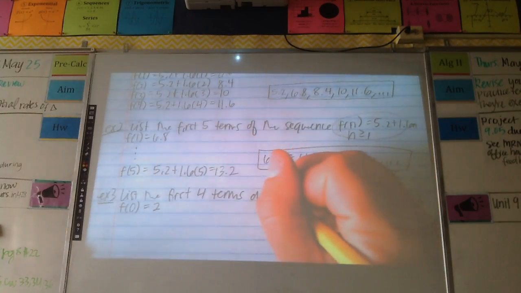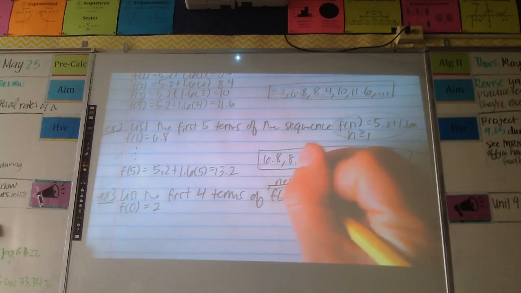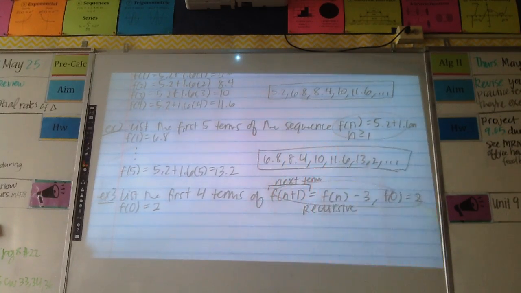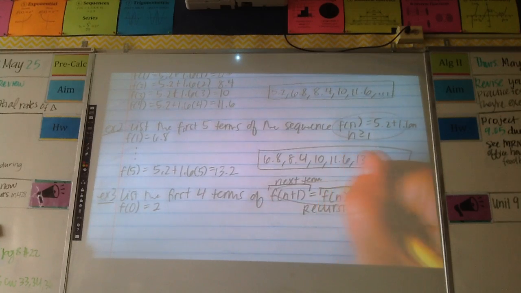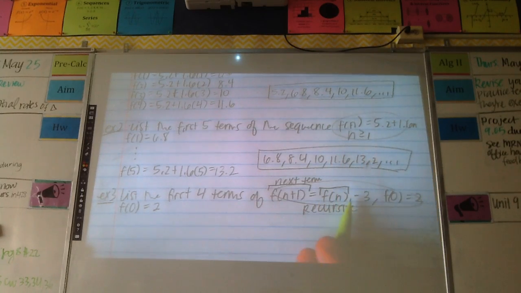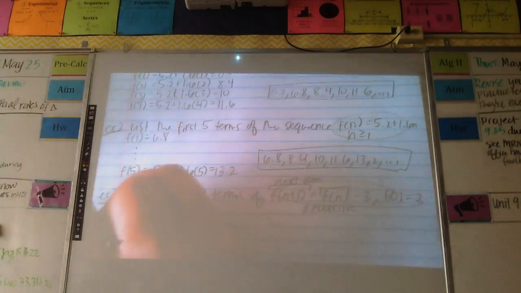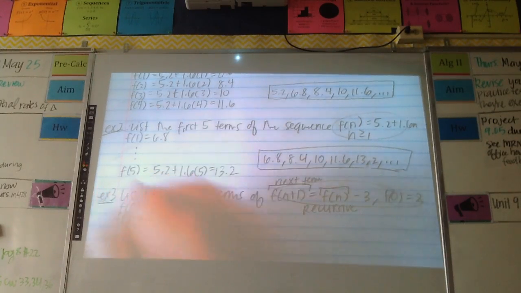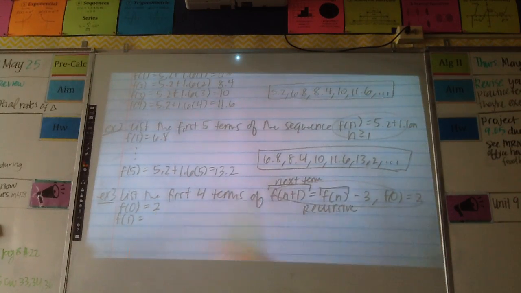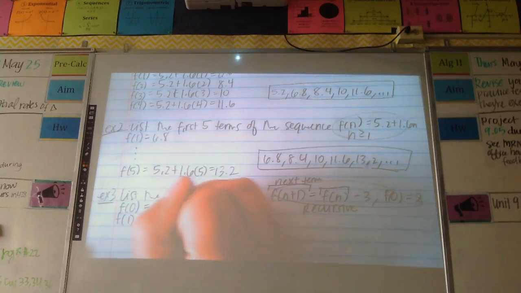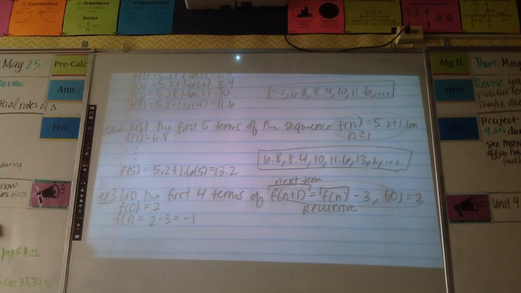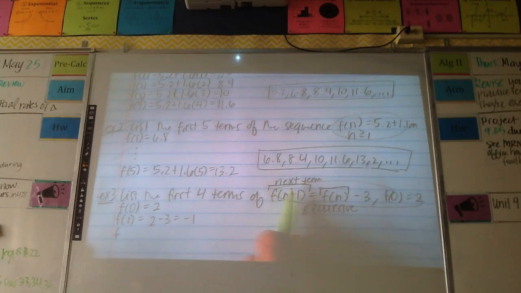Now, this notation means the next term can be found by taking the last term, the previous term, and subtracting 3 from it. So I'm going to take the previous term, 2, and just subtract 3. Get negative 1. Then the next term will be the last one.